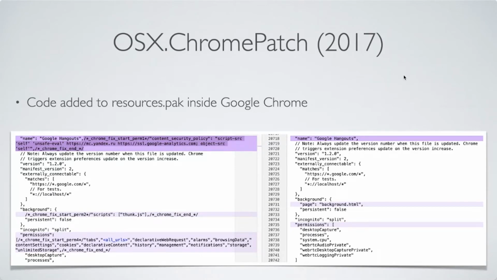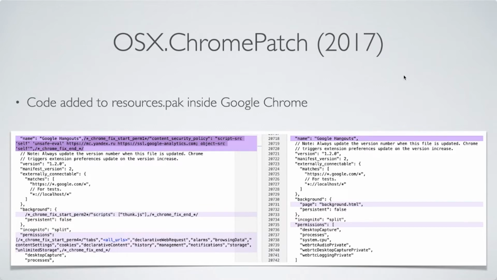Here's another example. There was some malware that we called ChromePatch back in 2017. There's a file called resources.pak buried deeply inside the Chrome app bundle.